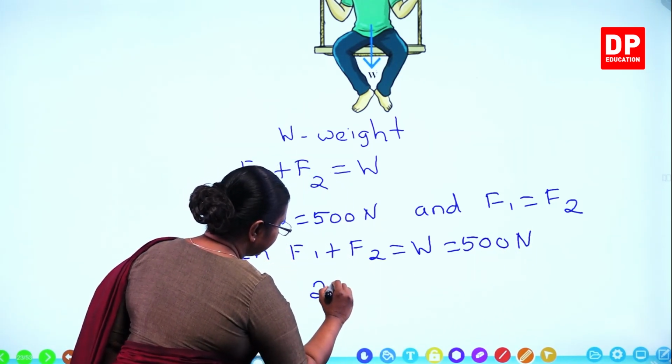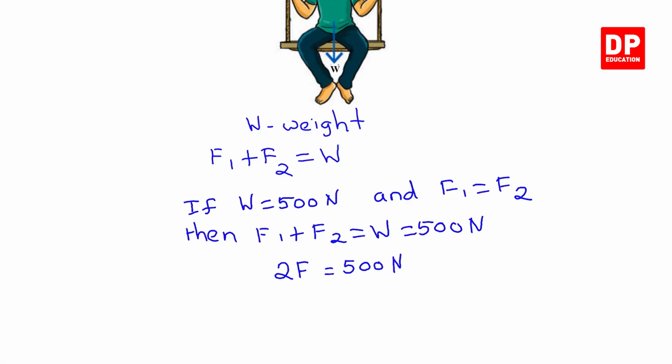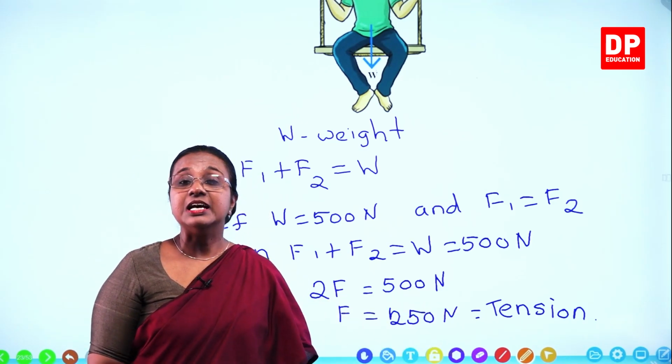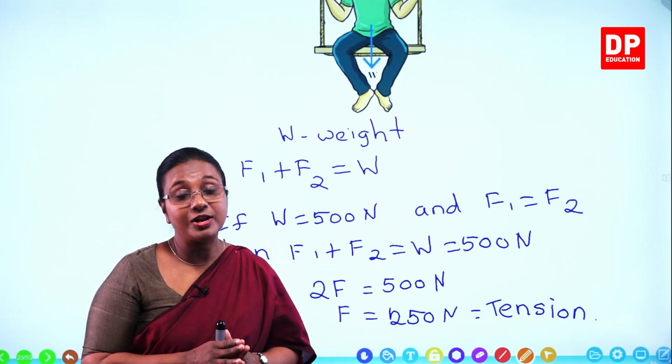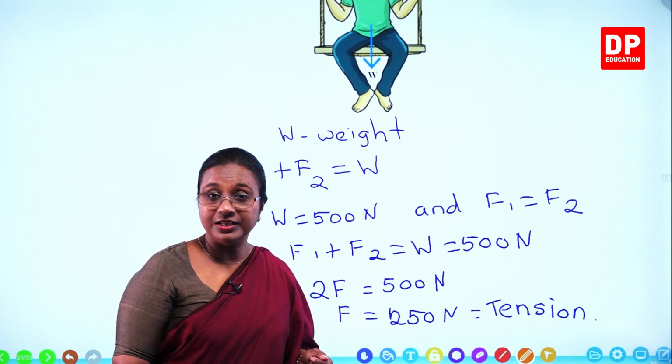So we will take this as 2F equals 500 Newton. So F will be 250 Newton. So that is equal to the tension. If this information is given to you, you can calculate the tension acting on the rope. So I am sure you all can understand this. With that, students, I will move on to the next slide.